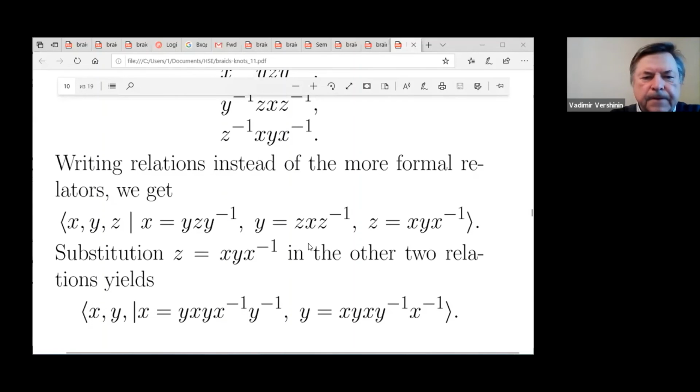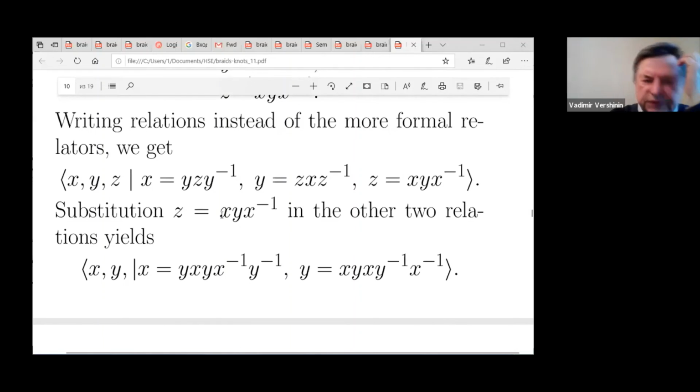I'm looking at X, and actually I wanted to get rid of the letter Z. So you put Z, what do you have?